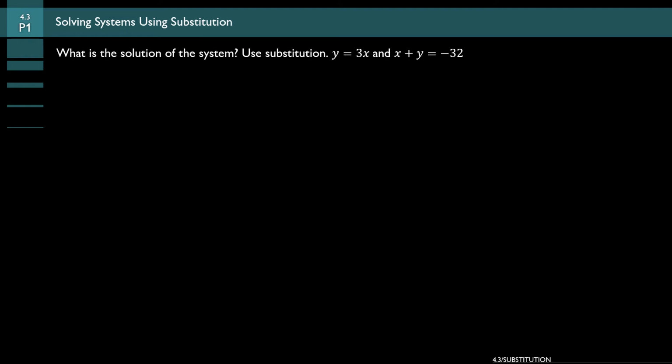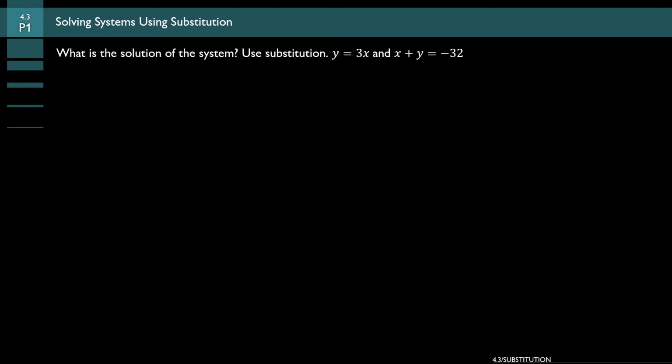So whenever we're doing a system of linear equations using substitution, the first thing that we want to do is identify what are our four variables. So in this case, we've got a y, we've got a 3x, we've got an x, and we've got a y.